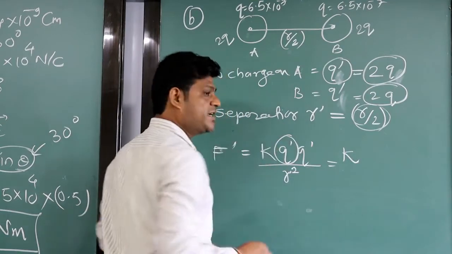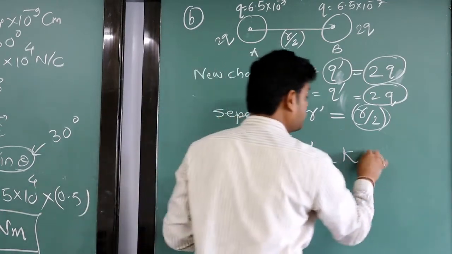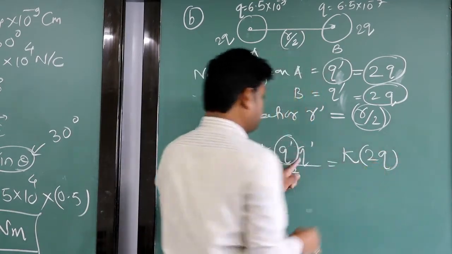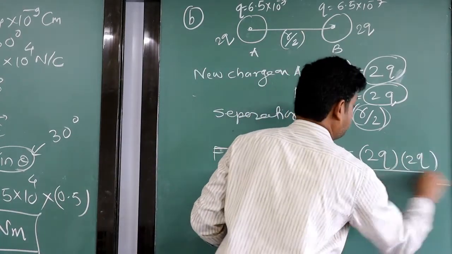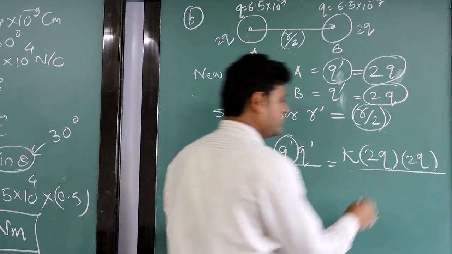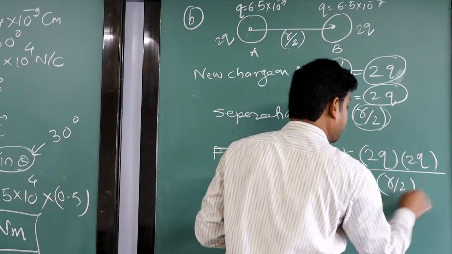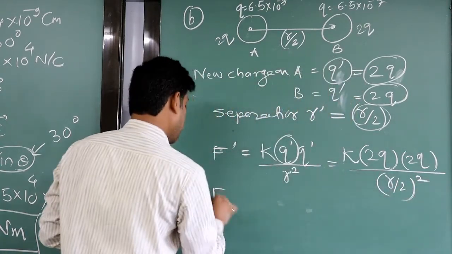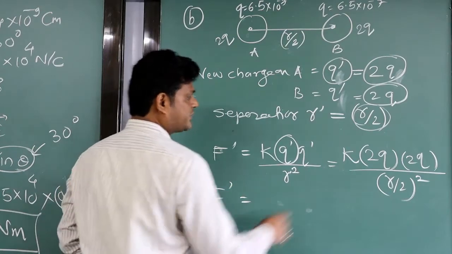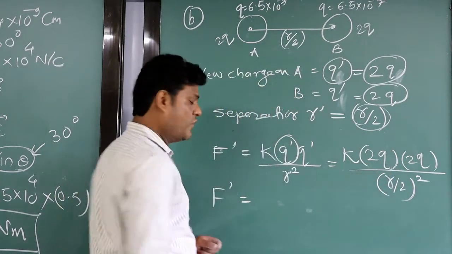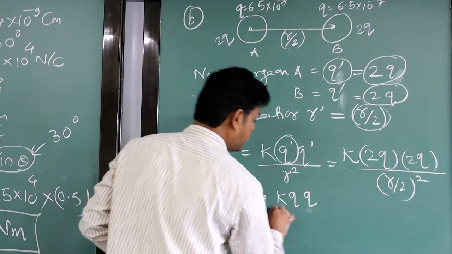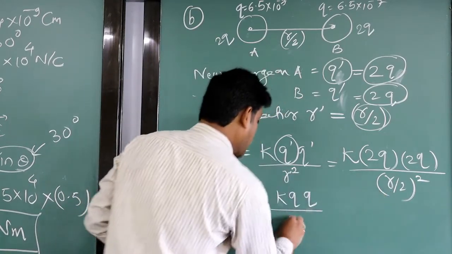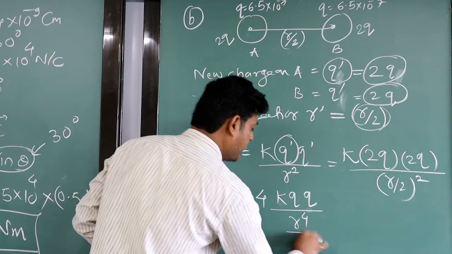What is the value of Q dash? It becomes double, so we write 2Q. Q dash also becomes double, so we write 2Q divided by, distance becomes half, so we write R by 2 bracket square. So F dash equals 2 multiplied by 2 becomes 4, so 4 into Q Q divided by R square divided by 4.